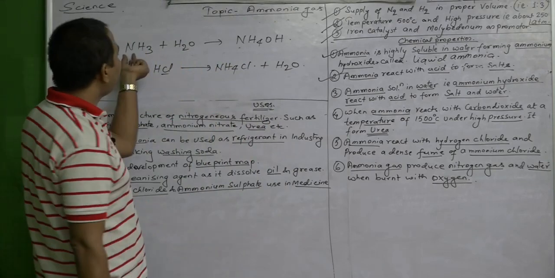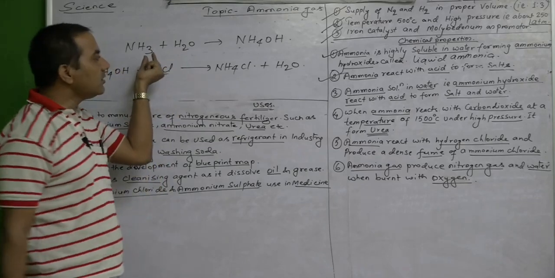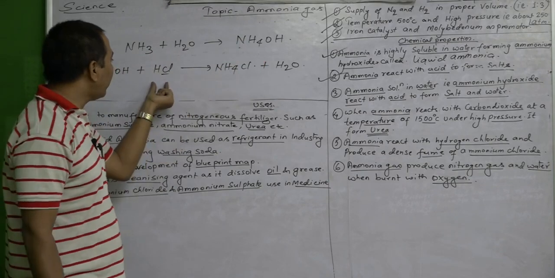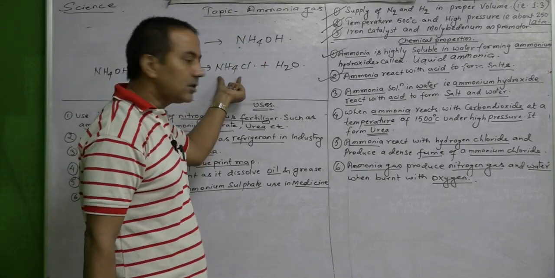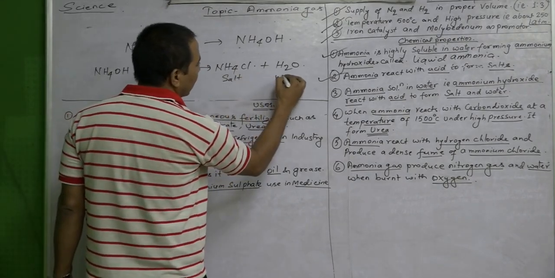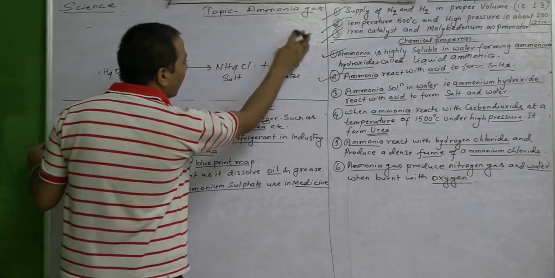When ammonia reacts with acid, it forms salt, and when ammonia solution, ammonium hydroxide, reacts with acid, it forms salt and water.